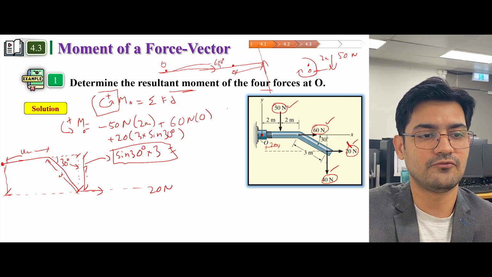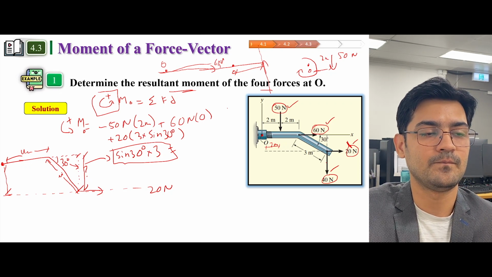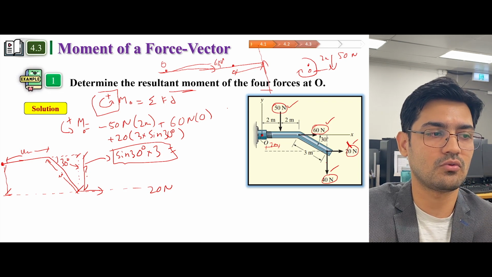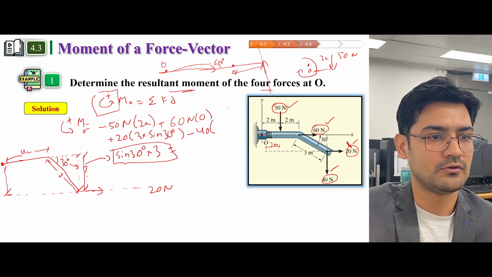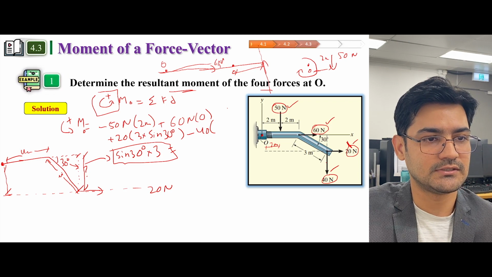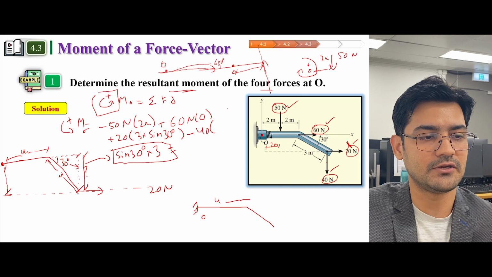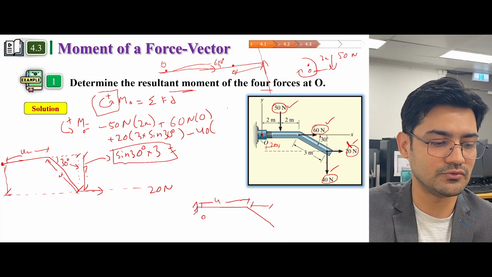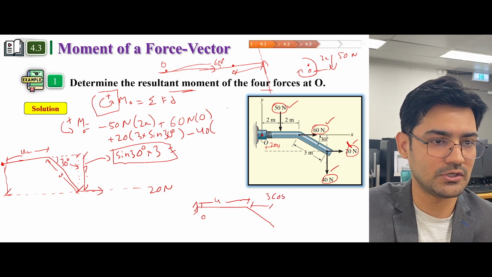Now let's move to 40. A 40 Newton force will apply a clockwise moment. So clockwise moment is negative 40 Newton into, now how to calculate the distance d? I'm going to draw again, this is O, this is 4 meter, and this distance can be calculated using the formula 3 cos 30 degrees.